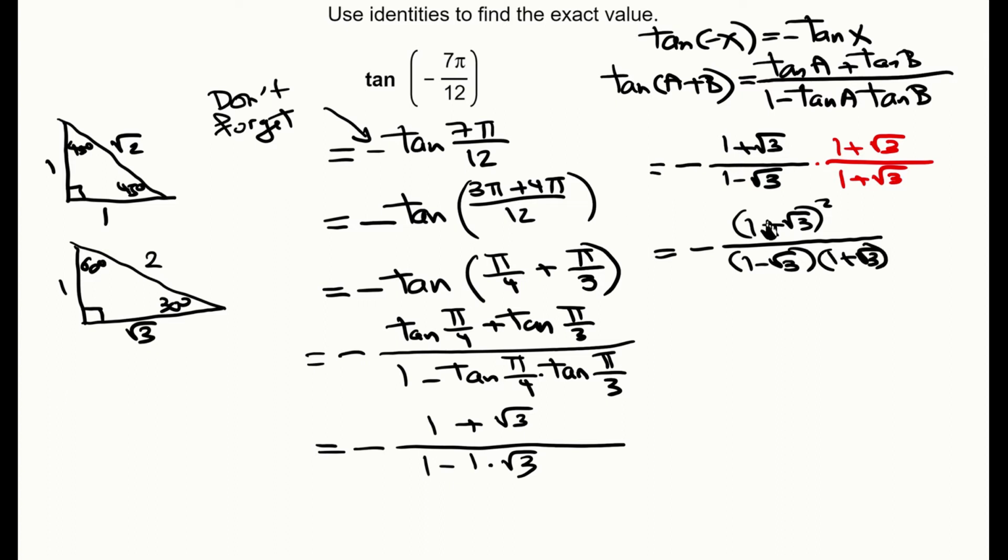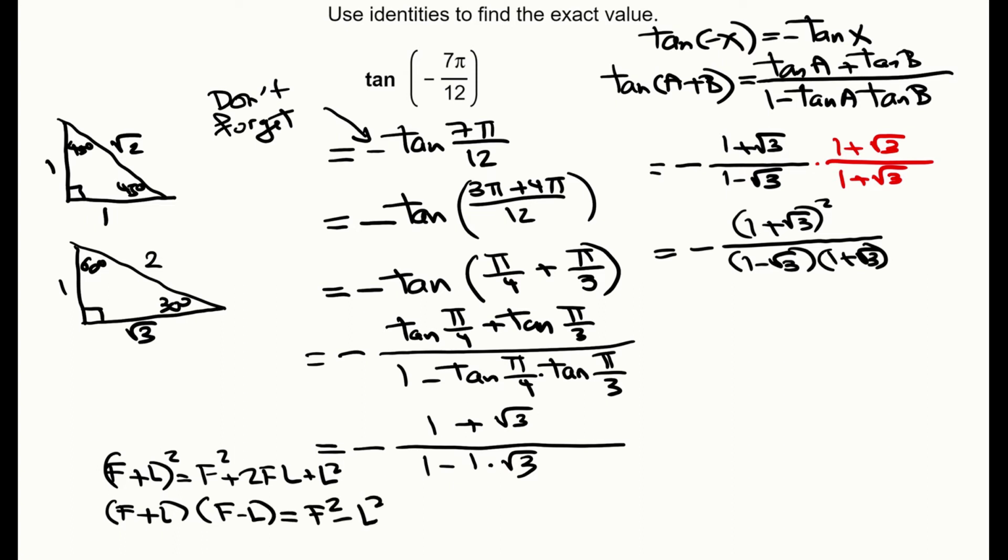To handle this expression, which is the square of a sum, we'll need to use this formula: F plus L squared equals first squared plus 2 times first times last plus last squared. To handle the denominator, which is a product of two conjugates, of course we'll use the product of conjugates formula, which, as we know, when you multiply two conjugates like that, you end up with the difference of their squares.